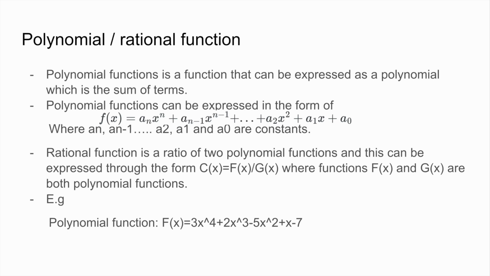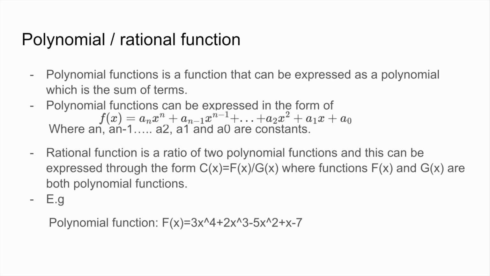Polynomial functions can also be expressed in the form f of x equals an x with n as exponent, plus an minus 1 times x with n minus 1 as exponent, and keep adding on until a0. In this case, an minus 1 until a1 and a0 are all constants.